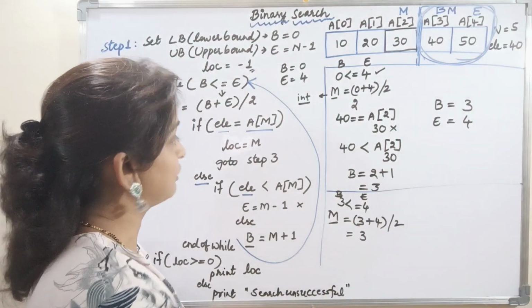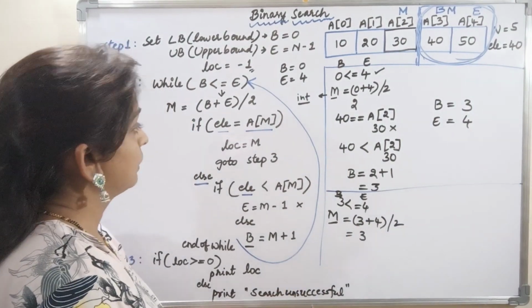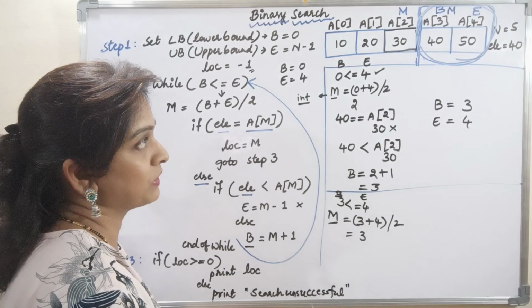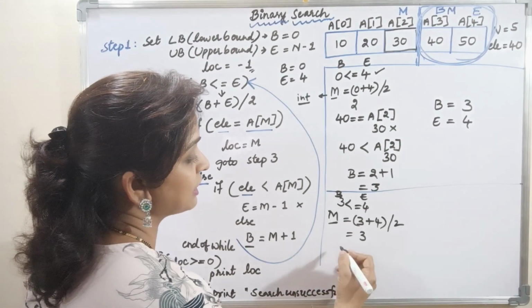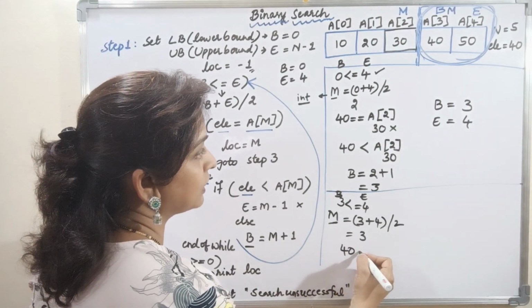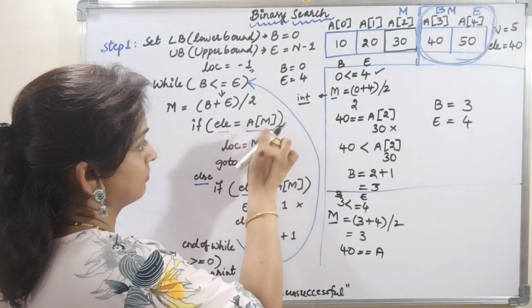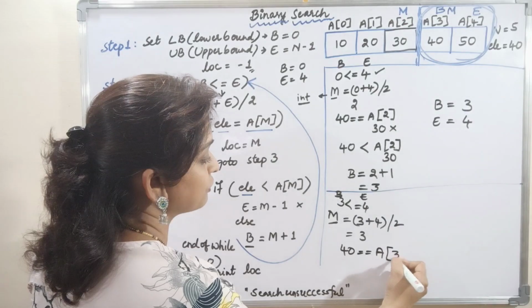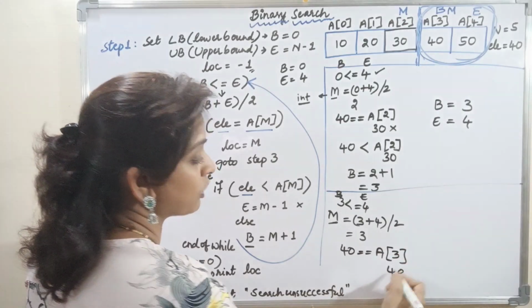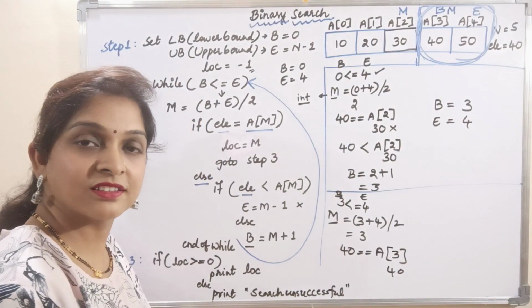So mid is 3. Then what I'll do, I need to compare the search element with that mid element. What is the search element? It is 40. Is 40 equal to array of m? What is m? It is 3. What is a of 3? It is 40. Is 40 equal to 40? Yes. Condition true.